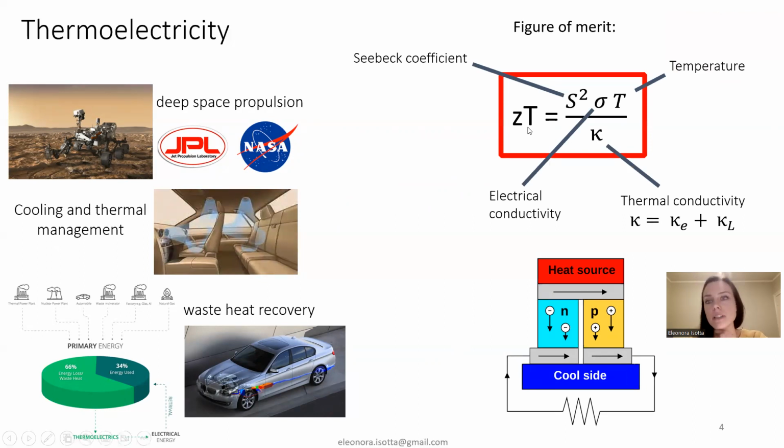So the figure of merit is composed of the Seebeck coefficient squared, the electrical conductivity and the temperature at the numerator, and of the thermal conductivity at the denominator, that is composed of an electronic and a lattice contribution. So it emerges very clearly that the lower the thermal conductivity, the better thermoelectric material will be. But of course, this needs to be done maintaining high all the parameters that are at the numerator.